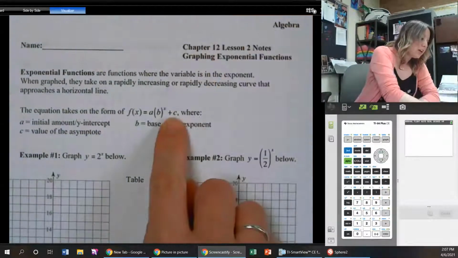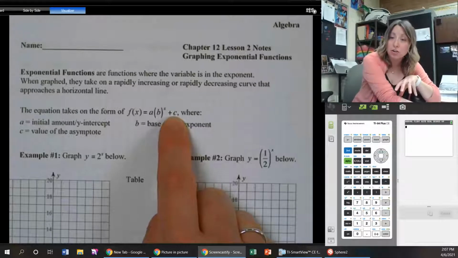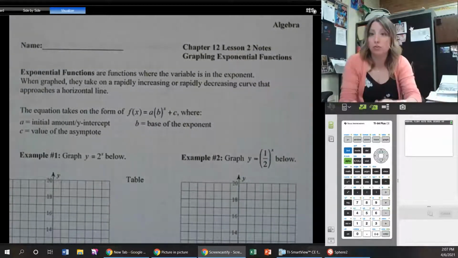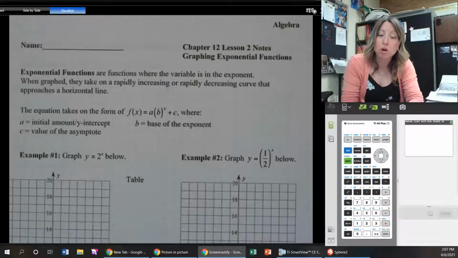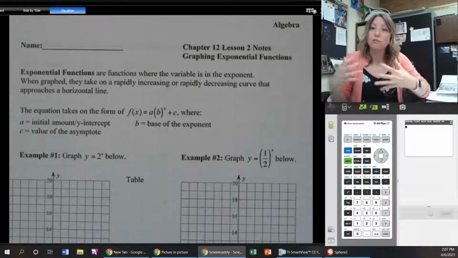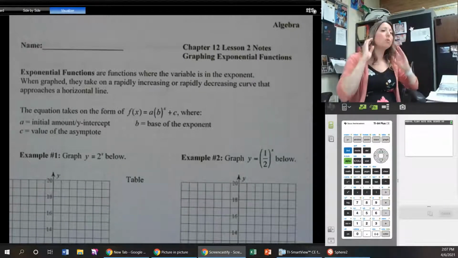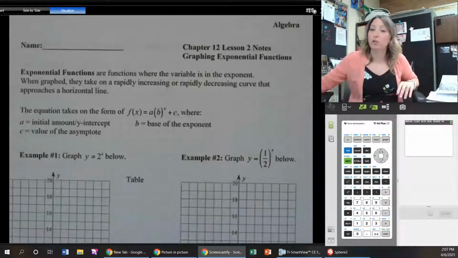And here is where our asymptote is compared to the rest of the graph. Remember that the asymptote is that invisible horizontal line that you're going towards but cannot touch or cross.